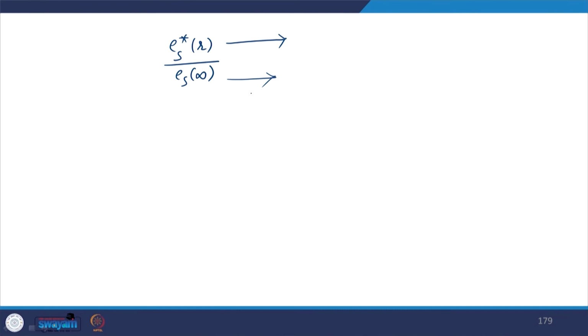Our objective is to write Es star of R divided by Es of infinity. What is this? It is the equilibrium saturation vapor pressure over a solute droplet, so we have taken both effects into consideration. How does the saturation vapor pressure change in the presence of a solute over a droplet in comparison to Es of infinity, the equilibrium saturation vapor pressure over a plane surface of water, right.